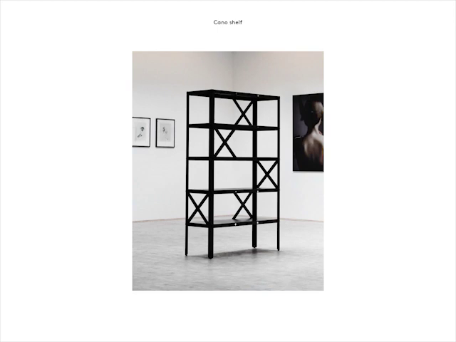Just with small variations, you can create a lot of tension. This is just CNC cut folded metal. It's also a very cheap and simple way of production.